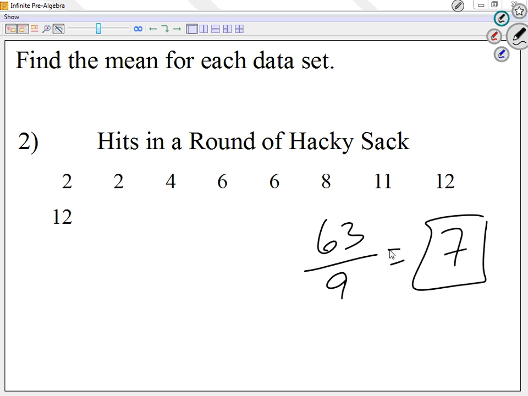Any questions for the first 10? Number 4?